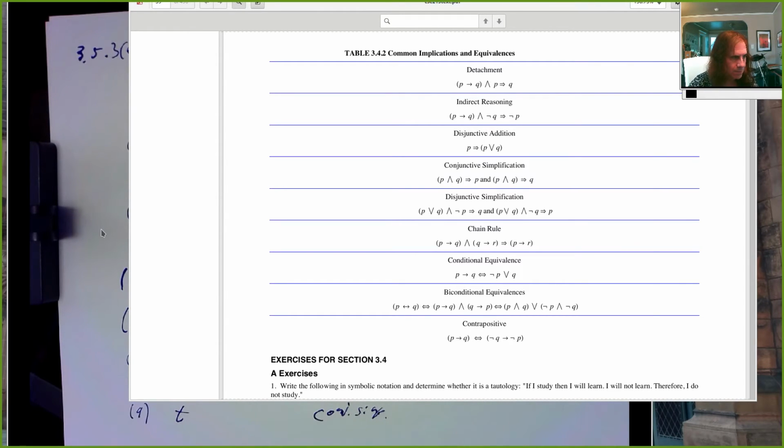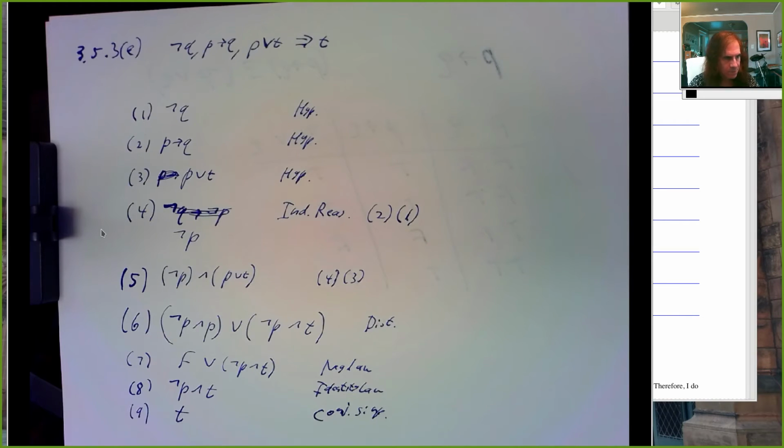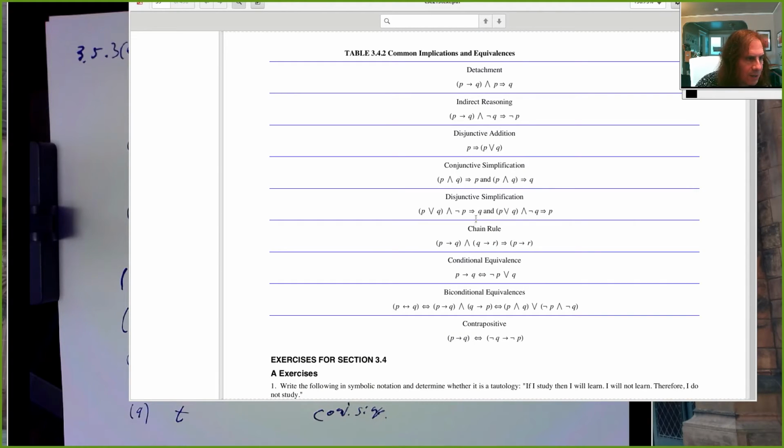So since conjunctive simplification doesn't have a not P, would we have to translate it to P? It's really saying that anything ANDed with anything else gives us that first anything, and anything ANDed with anything else also gives us that second anything. The P and Q here are just placeholders, right?